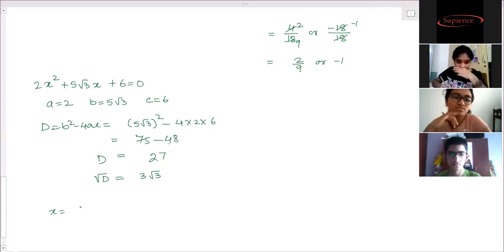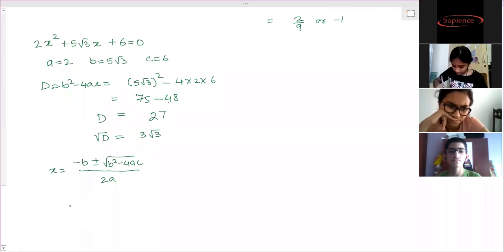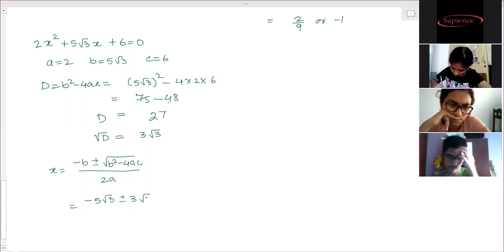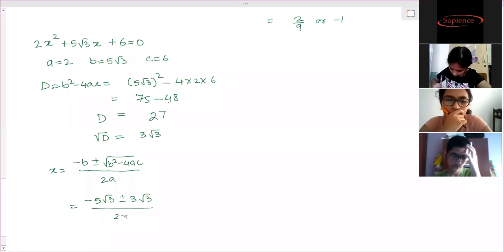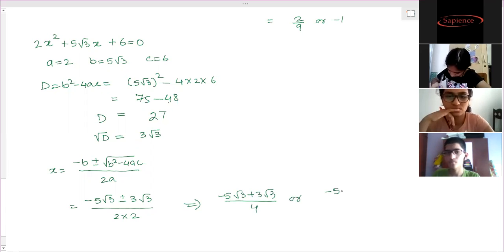So x is equal to minus b plus or minus square root of b square minus 4ac, by 2a. Minus 5 root 3 plus or minus 3 root 3 by 2 into 2. So therefore you will get minus 5 root 3 plus 3 root 3 by 4, or minus 5 root 3 minus 3 root 3 by 4.